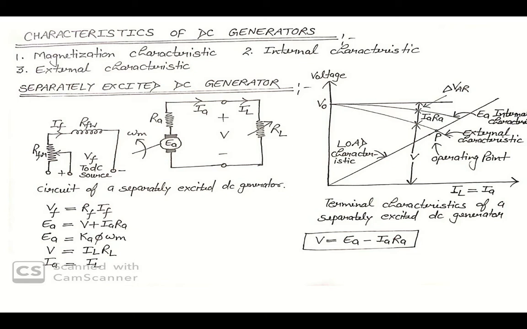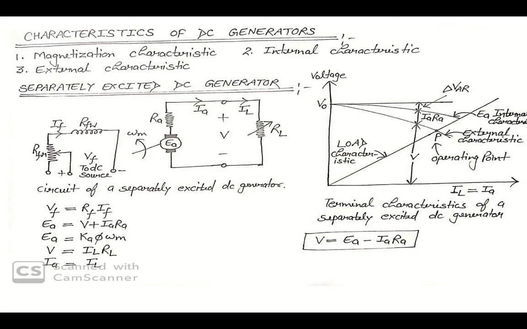The external characteristic is a graph between the terminal voltage and load current at a constant speed. It is also known as the load characteristic. So these are the three characteristics of a DC generator.